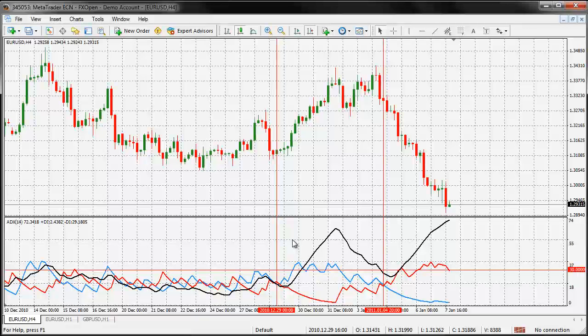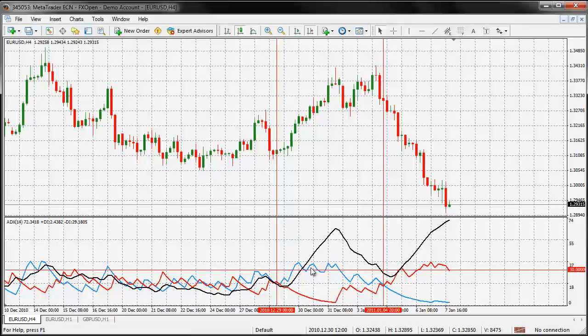Now there are some observations that I've made when it comes to using this indicator, and it's a little bit of a phenomenon that I can't really explain, but this is what I've observed. What I would do is I'll wait for the crossover, and then I'll wait for this blue line and this black line to hit 30. Once it hits 30, I will go long.